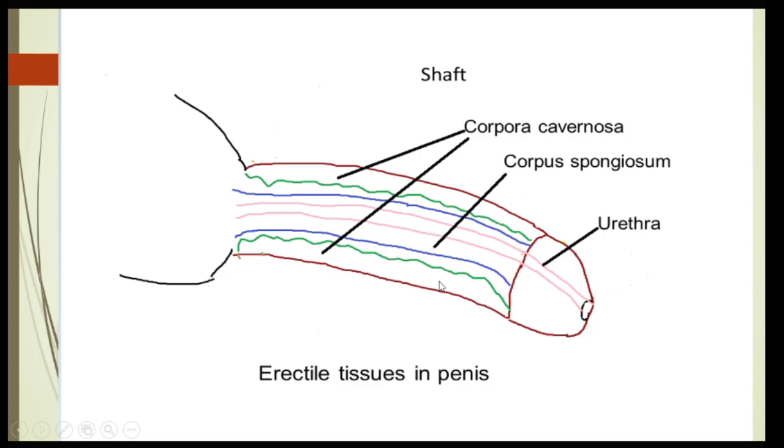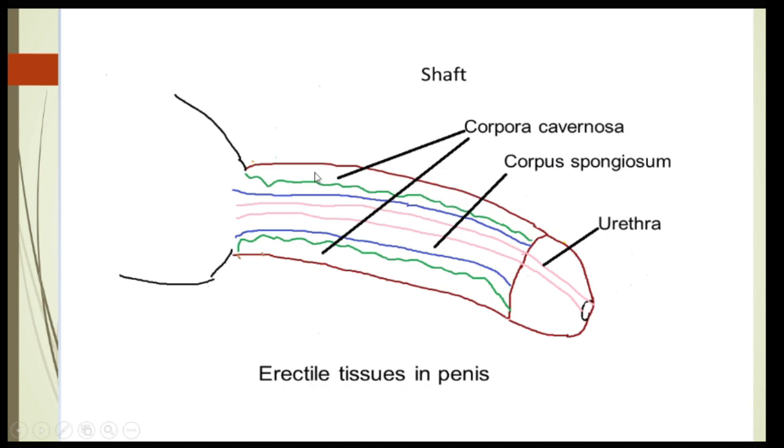These two columns, this is the first column and this is the second column, both contain the corpora cavernosa. The tissue found in both of these columns is the corpora cavernosa. If we talk about the single type of tissue, then it is the corpus cavernosum, singular corpus cavernosum and plural corpora cavernosa.